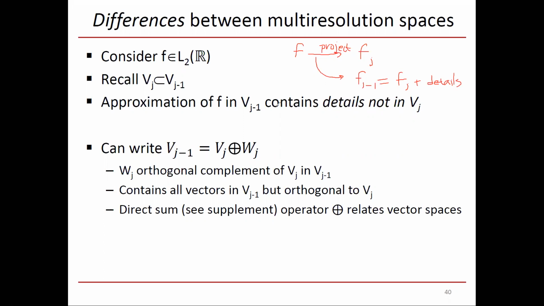And we can write that Vj minus 1 is a direct sum between two vector spaces, Vj and Wj. And Wj is the difference, the details that differentiate between Vj, the scale with less information, and Vj minus 1.